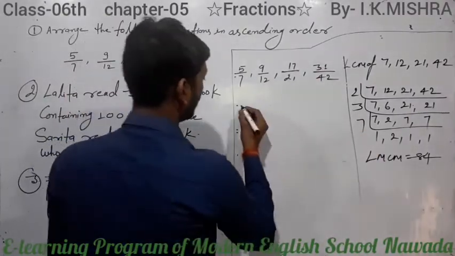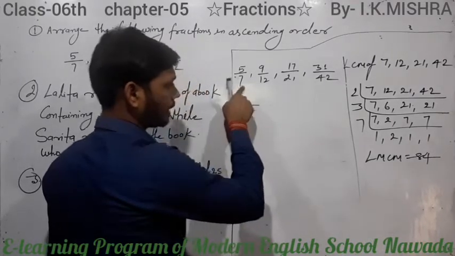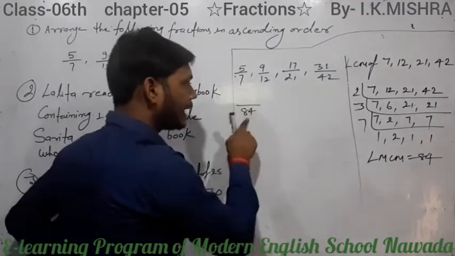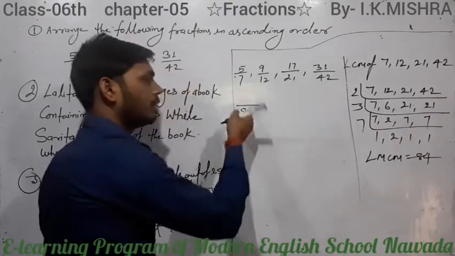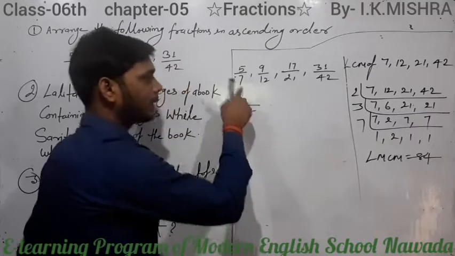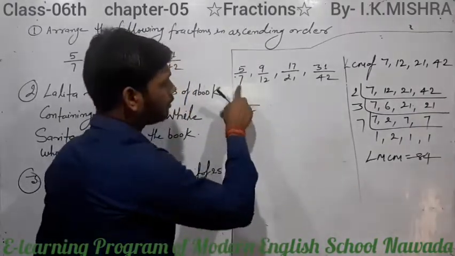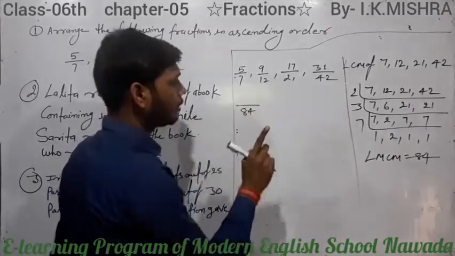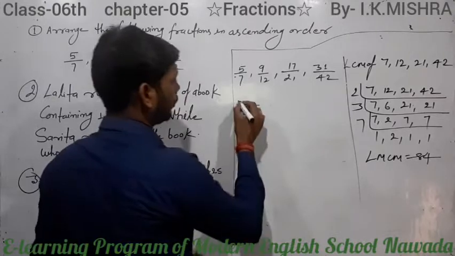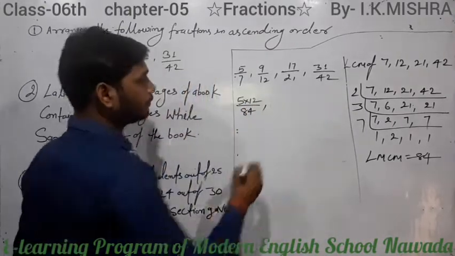That means for the first, write 84 in place of 7, so you have to divide 84 by 7 and multiply the numerator. When you divide 84 by 7, you will get quotient 12. So 5 into 12 is written here.